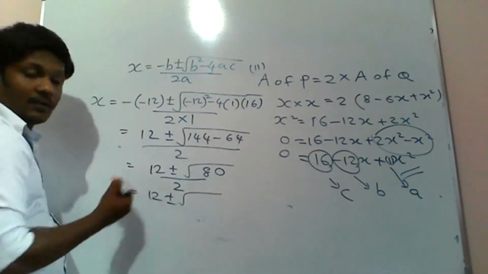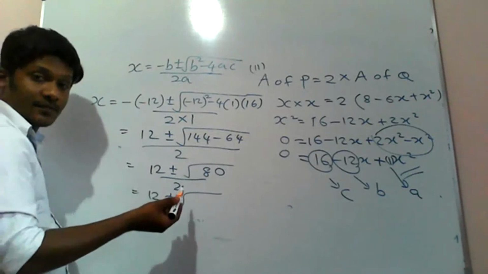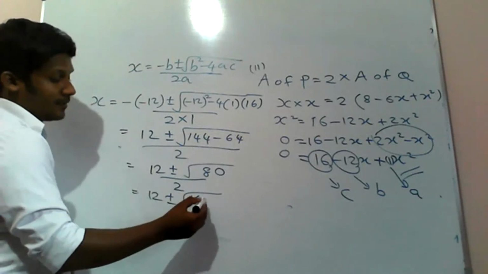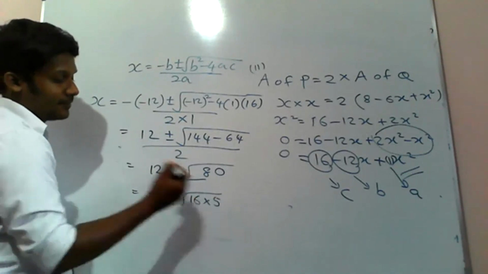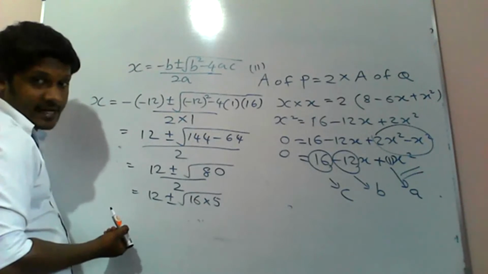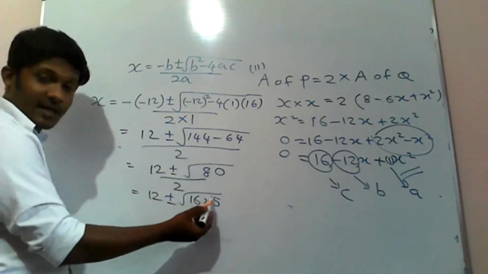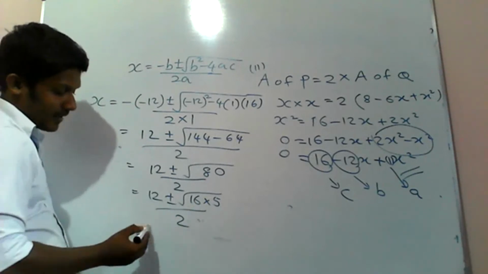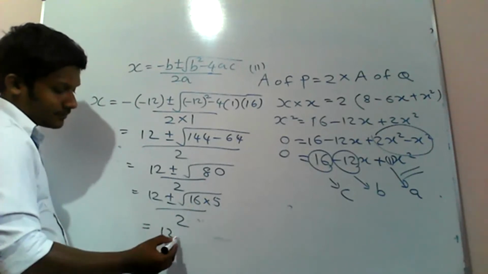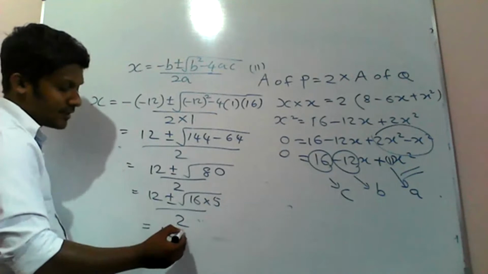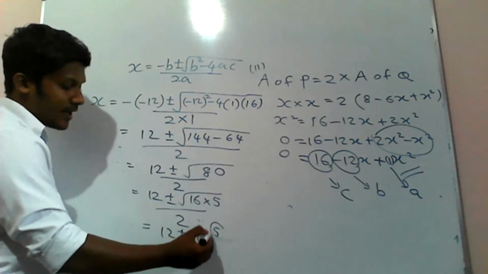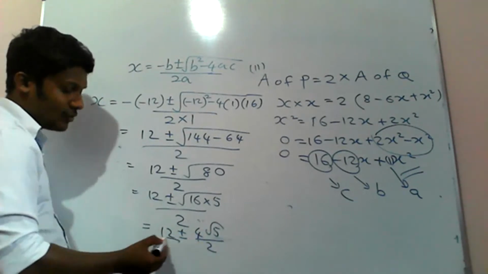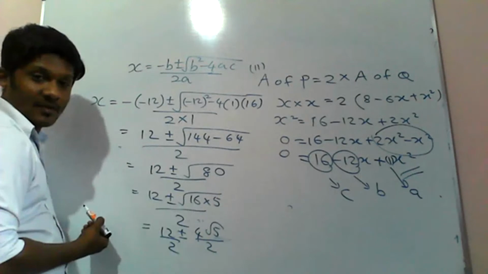We know 80 is 16 times 5, right? We can write 80 using the product of a square number, divided by 2. Then 12 plus or minus, we know root 16 is 4, root 5 over 2. We can write 2 as the common denominator, right?